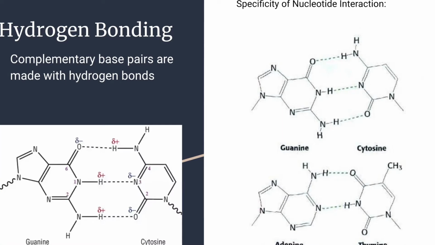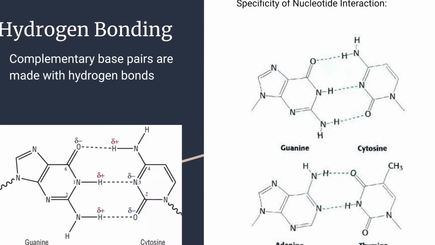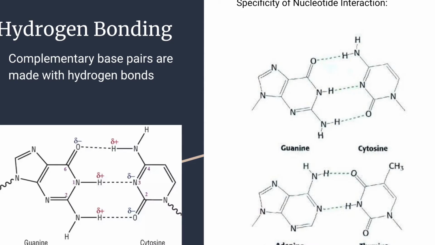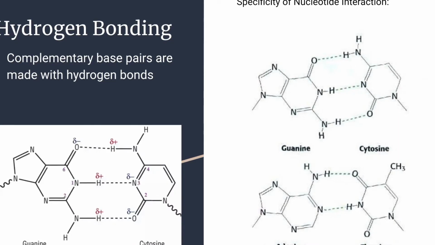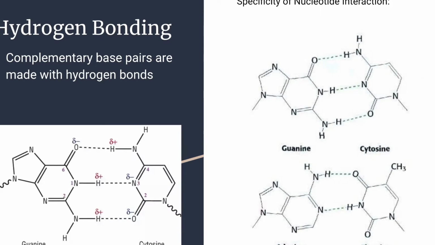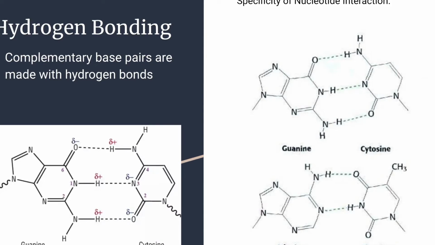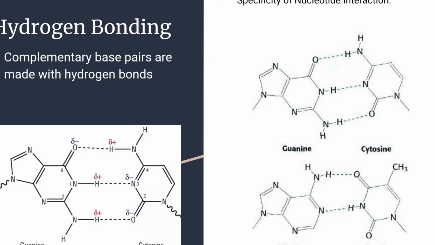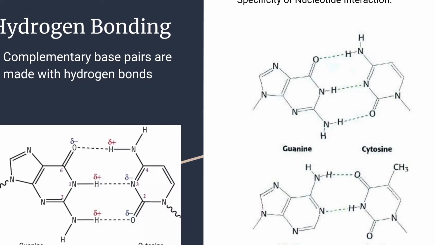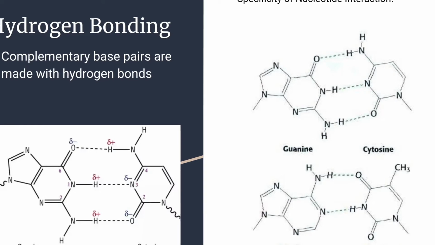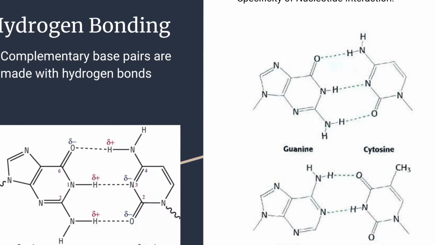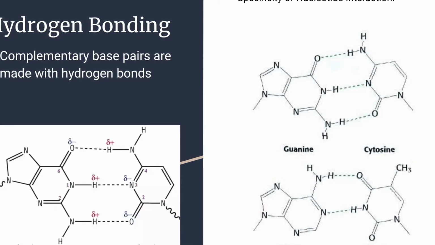If you look at this slide here on the nucleotide interaction, you can see that the guanine and cytosine match up perfectly with the hydrogen bonding. And if you were to imagine looking at adenine and lining up cytosine, the hydrogen bonding would not line up, and so the bond cannot be formed, and therefore the wrong pair cannot be made.